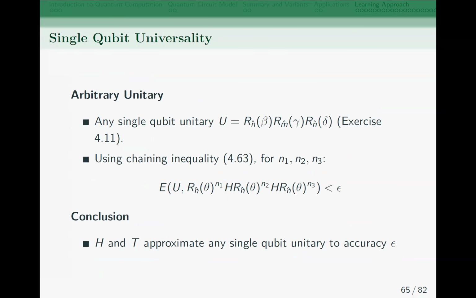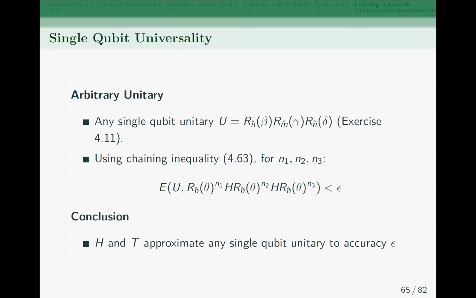Yeah, so I skip the proof. But the idea is that if somebody gives you an arbitrary unitary, forget about phase, then you can decompose it into rotations about arbitrary axes. And for each rotation angle, you can use some multiple of the weird angle to approximate it very close.